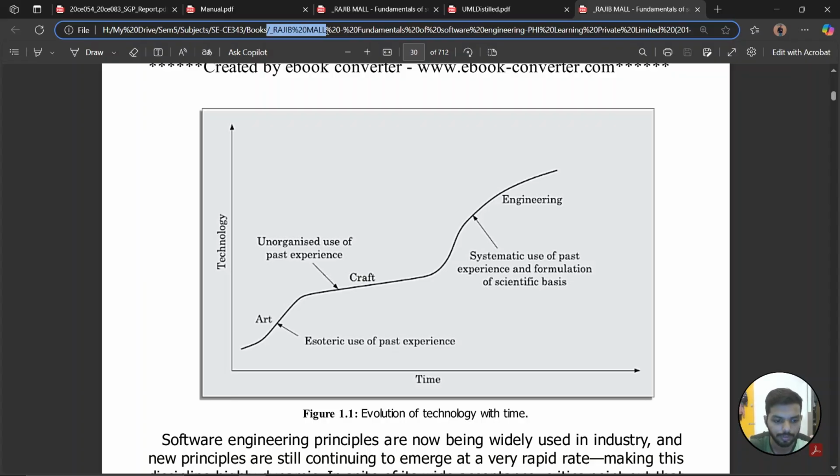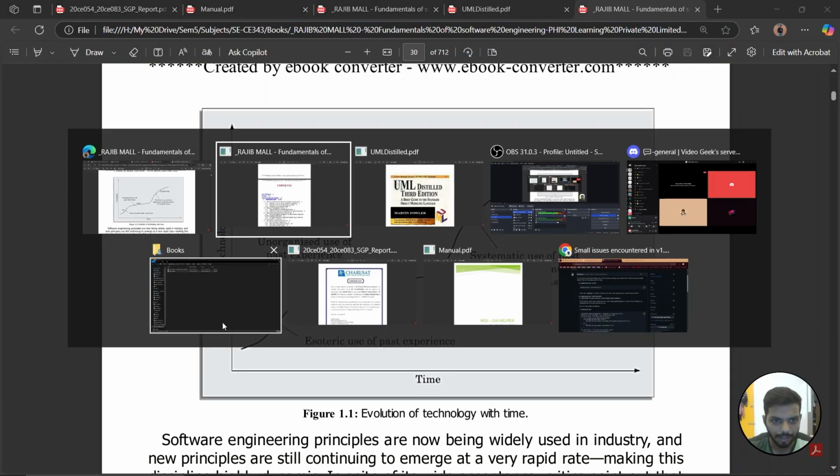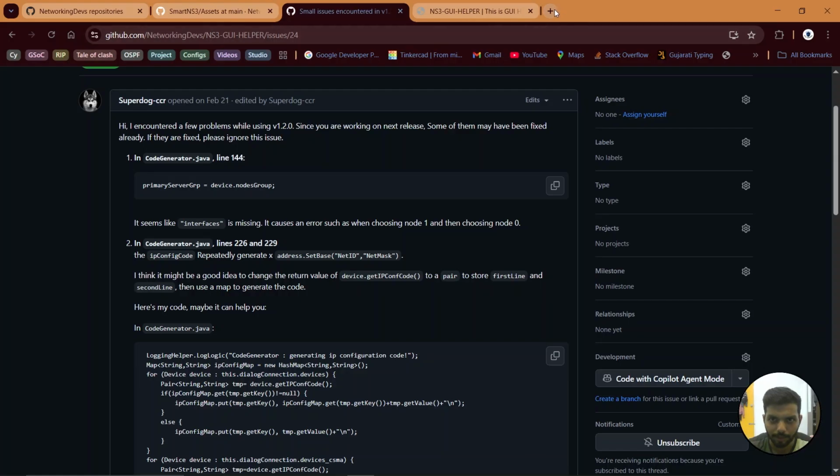Can you correct me, Dev, if you are aware of this? Did we have a session with Rajiv Mall? I believe we did, but I think I was not present. It was a virtual meeting. Yeah, I remember. Yeah, right. So we had an actual session with the guy who wrote this book.